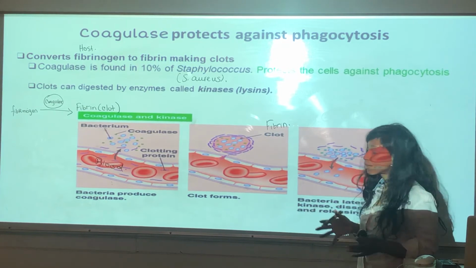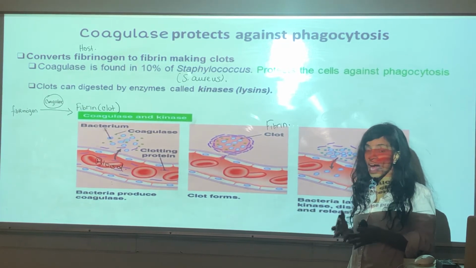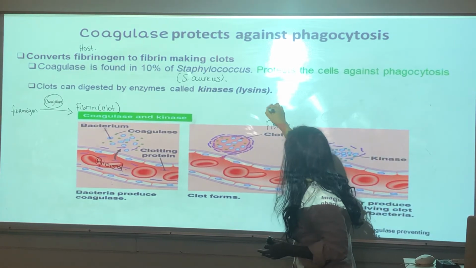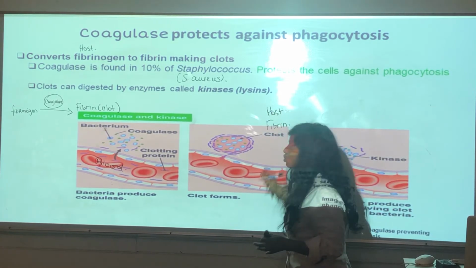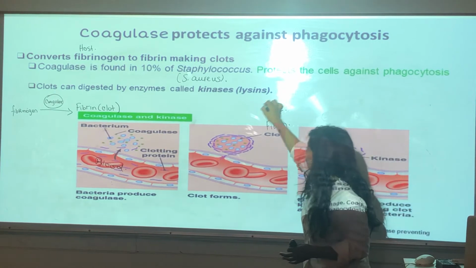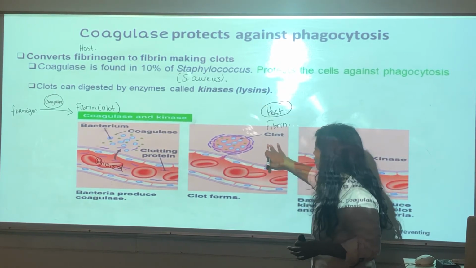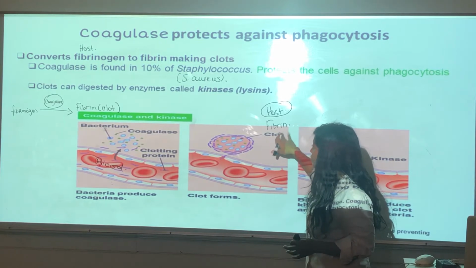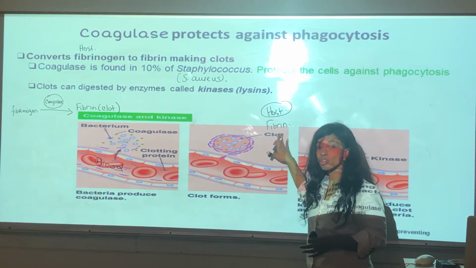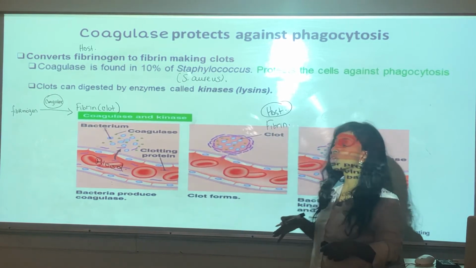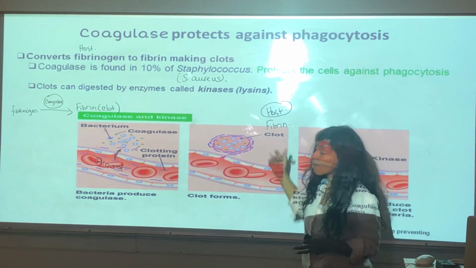So the bacteria are hiding out. They're hiding out, and this clot, since it's a host substance, the phagocytes do not recognize it. So they don't notice that these bacteria are hiding out. All the phagocyte is going to see is fibrin, and fibrin is a host factor. So they will never know what's inside of it until the organisms come out.